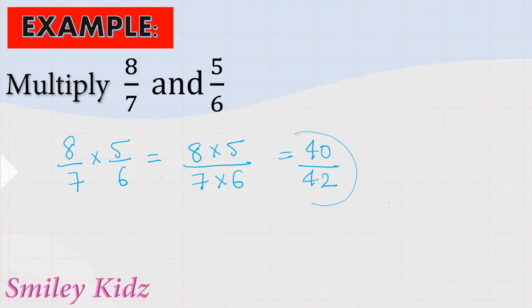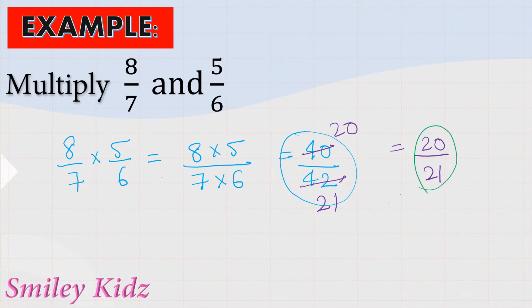So our rational number is 40 by 42. But wait, we need to simplify this. 2 times 20, 2 times 21, which is equal to 20 by 21. Therefore, when we multiply 8 by 7 and 5 by 6, we get the solution as 20 by 21.